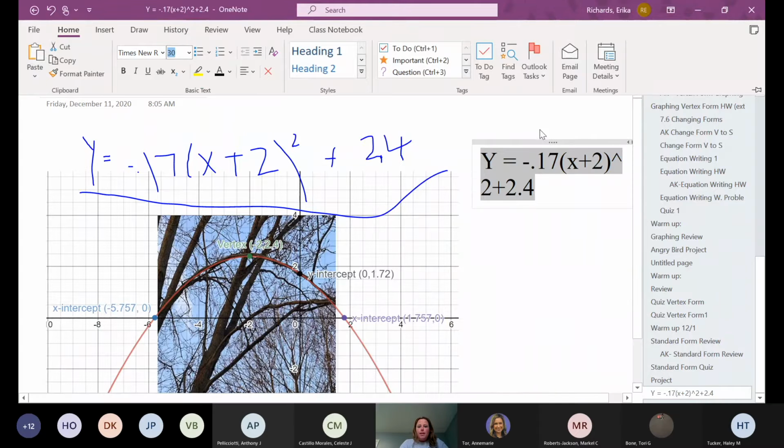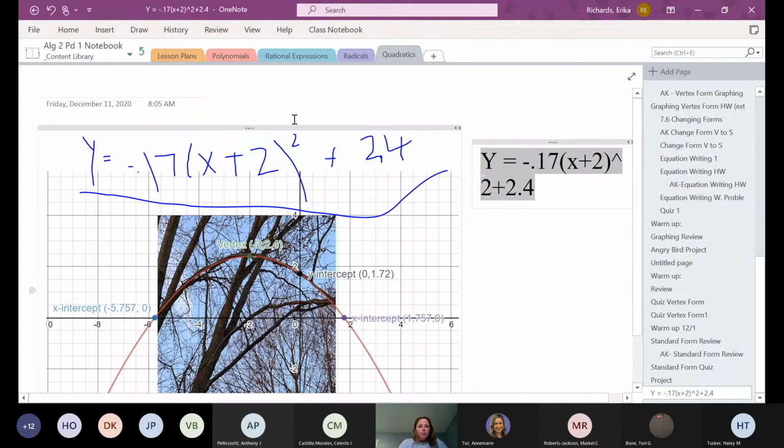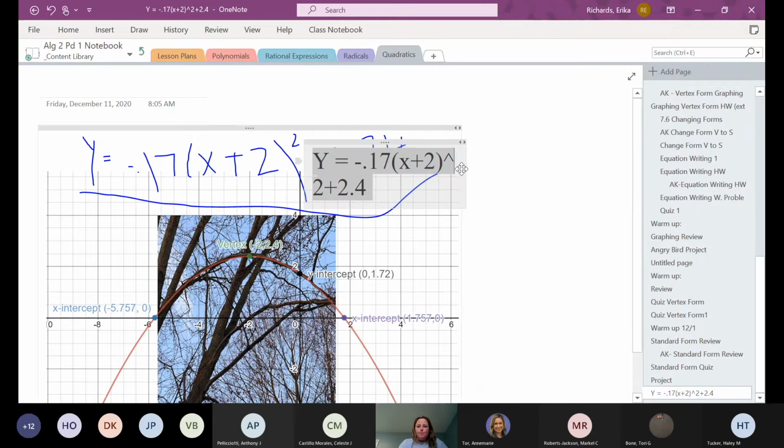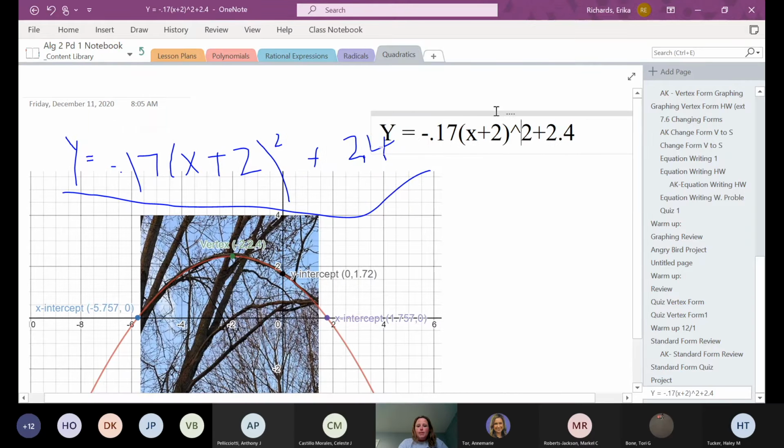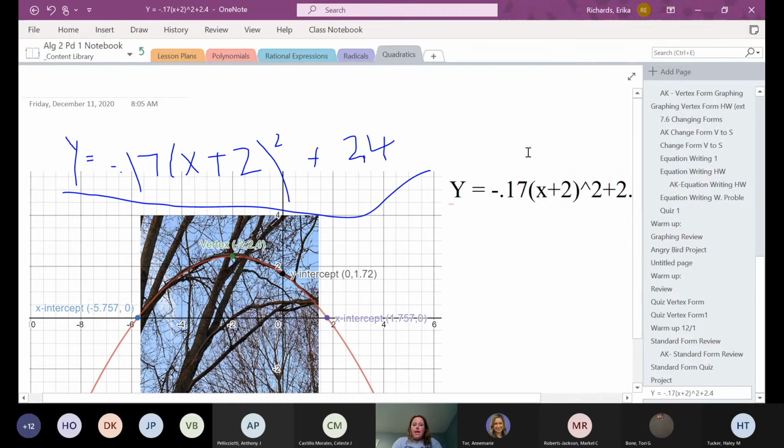It's the most important thing that we have. I probably wouldn't have copied my sloppy blue writing over there, but okay. And I would have got this presented nicely somewhere. Okay, over here. I would have said, okay, this is vertex form of my graph. Vertex form.